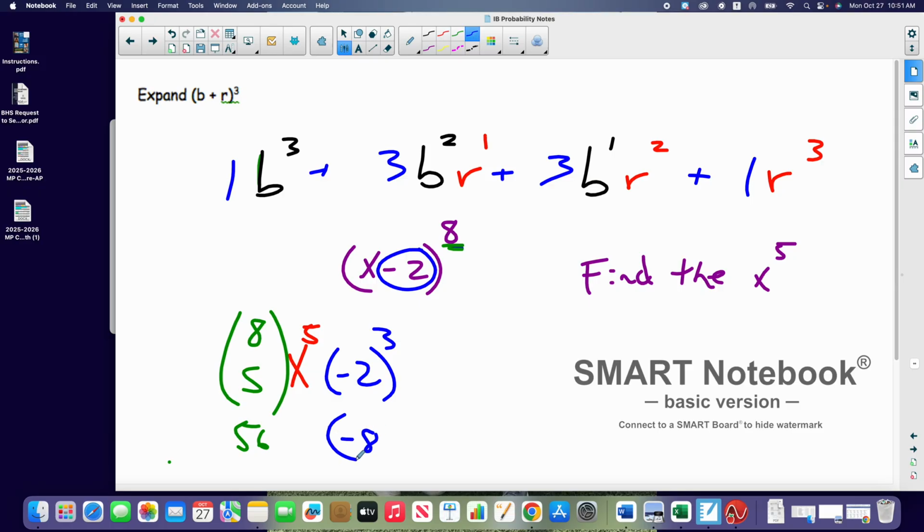Negative 8. And so I'm going to have to multiply the negative 8 and the 56 together. So use your calculator. Negative 8 and 56 is 448. Yeah. Negative 448 x to the 5th. Got it? Yes. So that's that term.